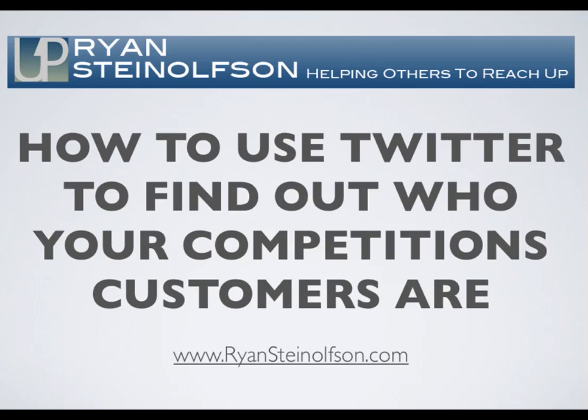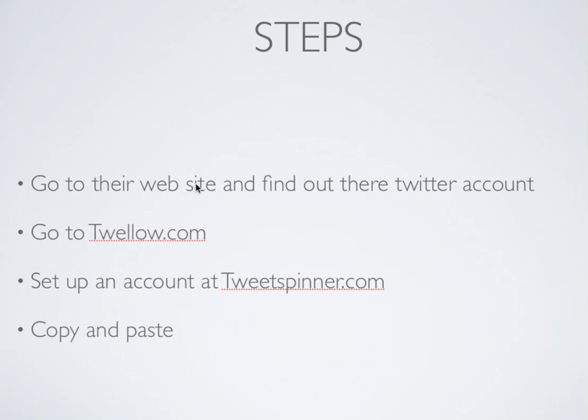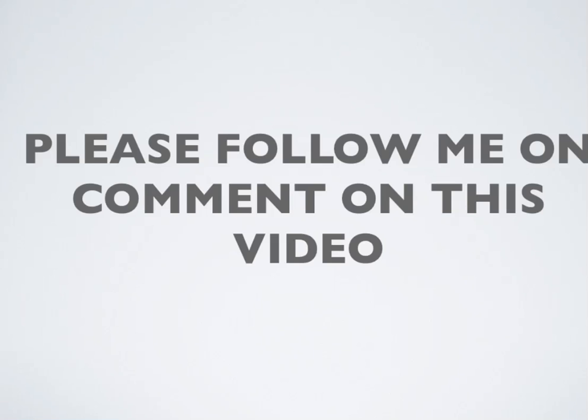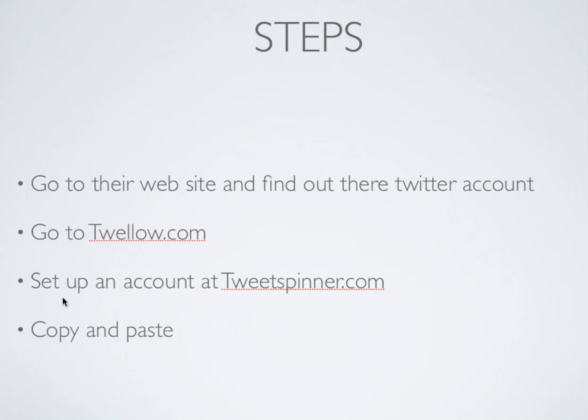So the steps are: go to your competition's website and find out what their Twitter account is. If you can't find it there, then go to Twello.com, and that's the next step. And then set up an account at TweetSpinner.com. I'll put a link in the video here, and then just copy and paste. What you're going to do is copy and paste the person's account name, their profile name for Twitter, and put that right into TweetSpinner, and TweetSpinner is going to do all the work.